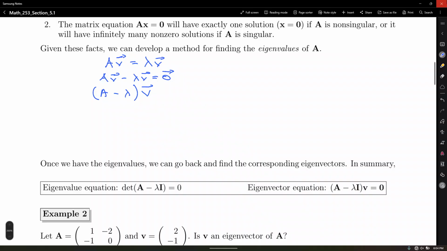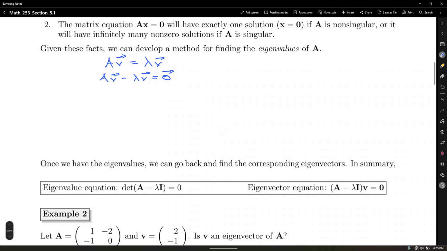We will have a size problem, with the matrix being n by n and lambda essentially a one by one matrix. So let me go back. I'm going to turn that lambda into a matrix that matches the size of A.